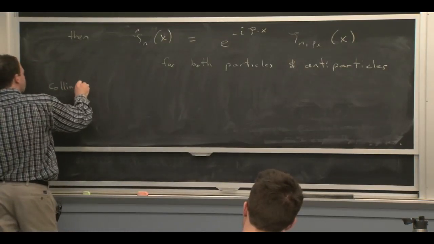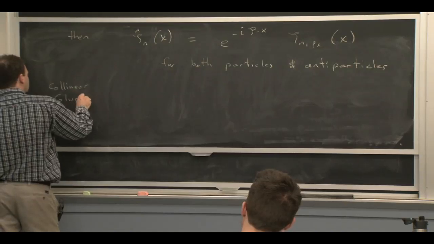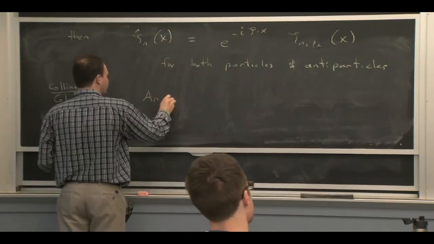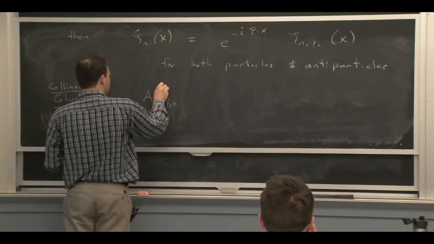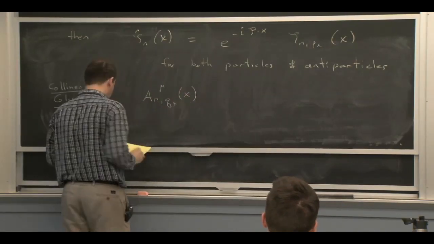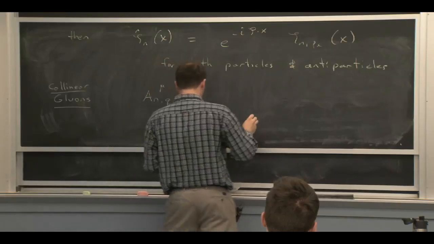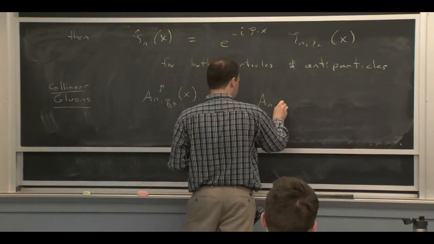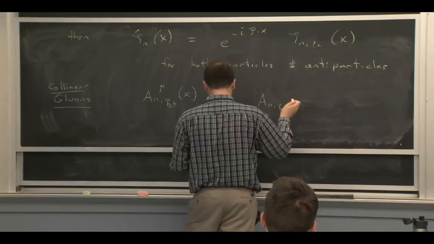What about linear gluons? So the gluon field is Hermitian, the original one. And what does that translate into? Well, it translates into the B's and the A's both appearing in the decomposition of the field. There's no B's, they're just A's.